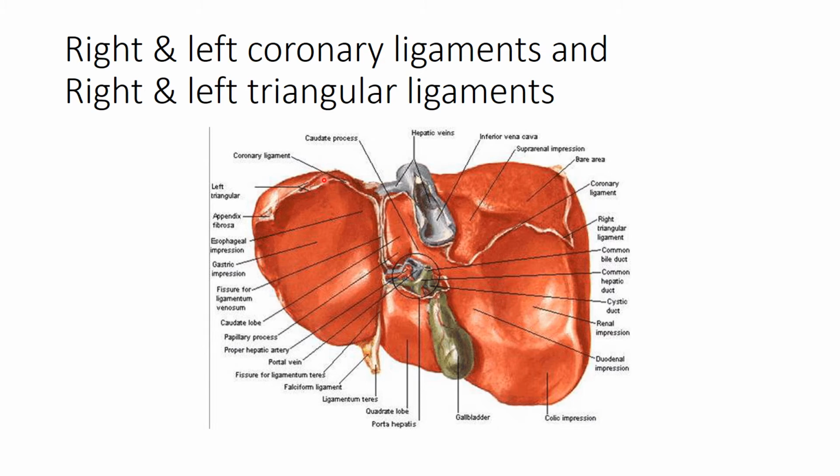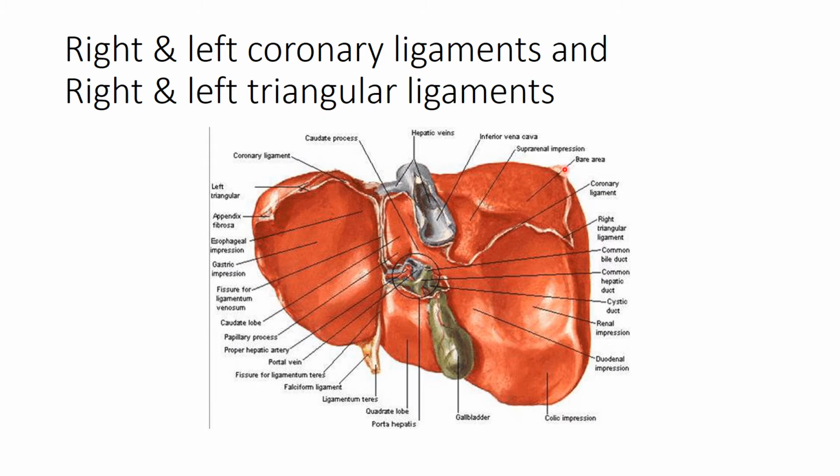Now before merging, these bifurcated margins of the ligament on both sides form the coronary ligament. On the left side, the area between these two coronary ligaments is very small, and these form only the anterior and posterior margin of the coronary ligament on the left side.